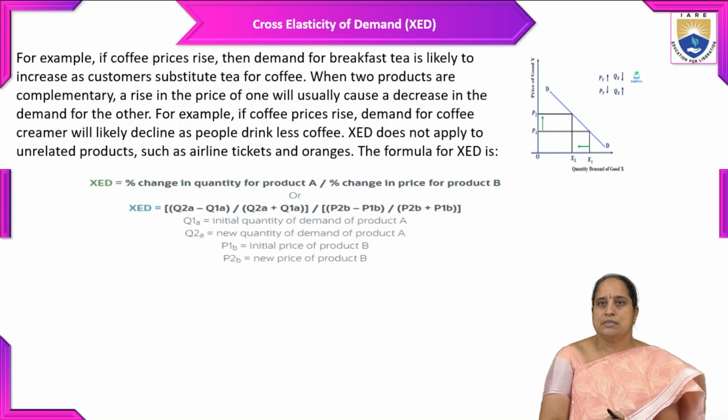Cross elasticity of demand does not apply to unrelated products such as airline tickets and oranges. There is no relation between these two. The formula for cross elasticity of demand is the percentage change in quantity for product A divided by the percentage change in price for product B.